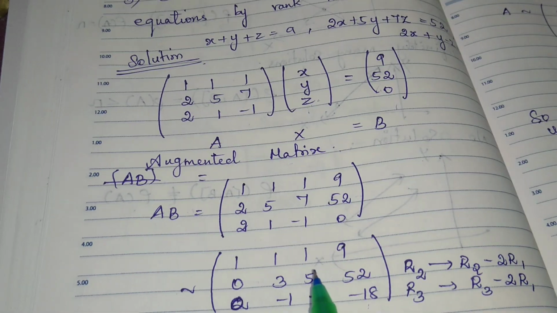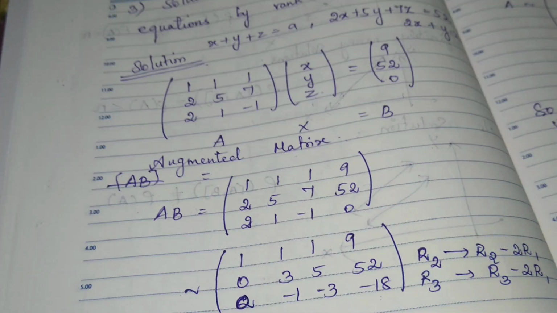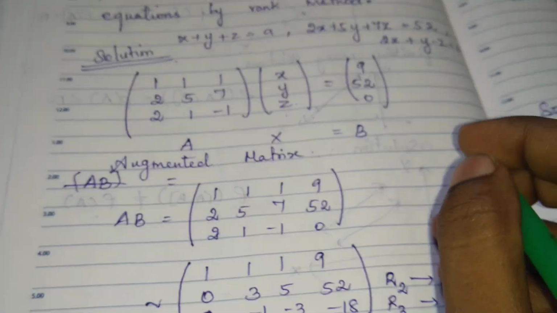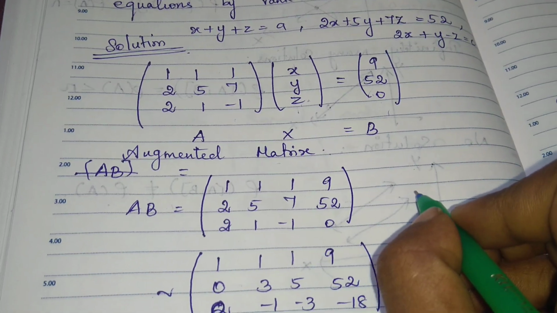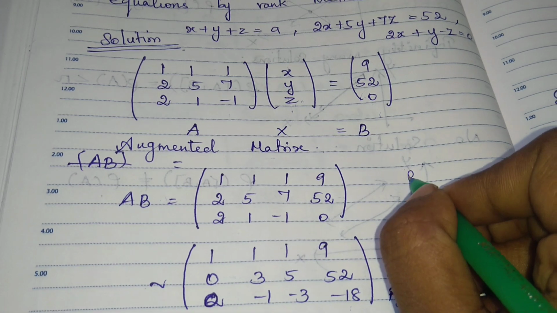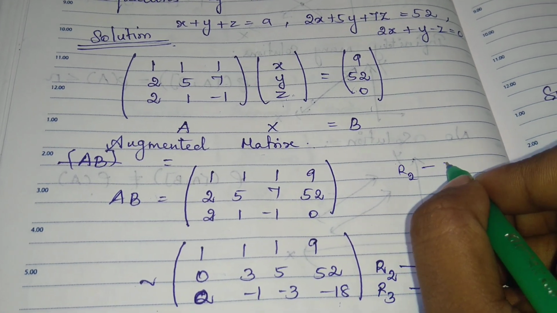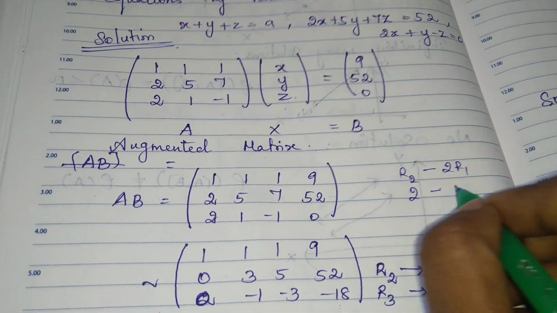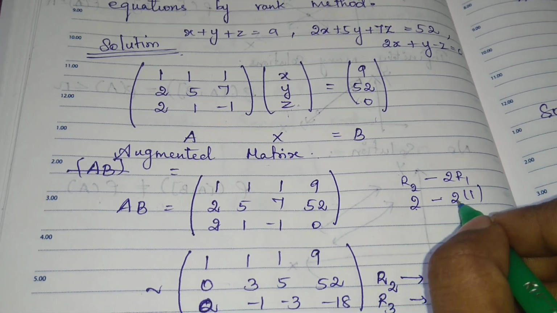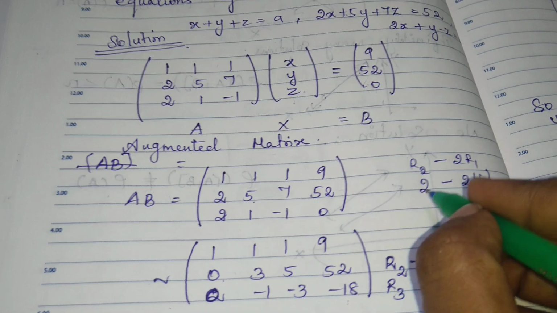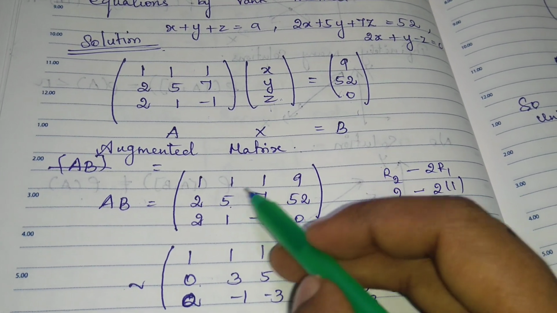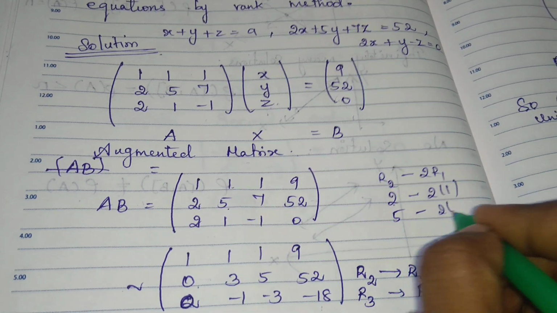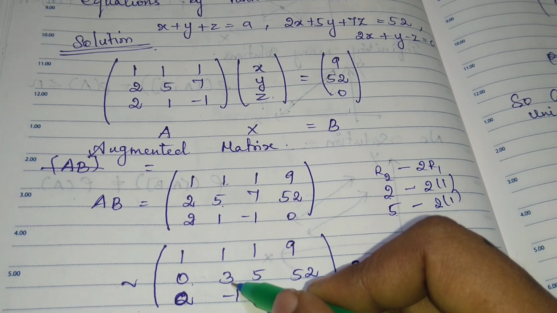When I do it for row 2, I'll do the calculation and show you. What operation are we using? Row 2 minus 2 row 1. So row 2 is 2 minus 2 into 1, so 2 minus 2 you get 0. Here you have 5 minus 2 into 1, so 5 minus 2 you get 3.